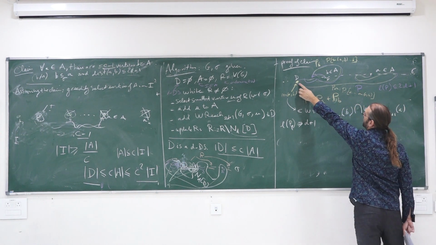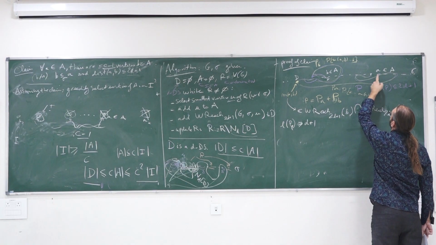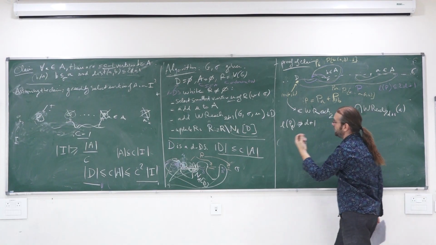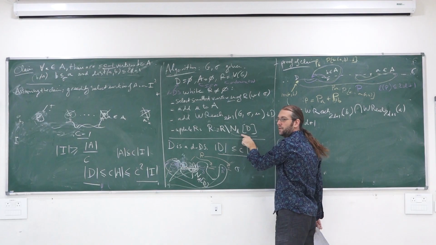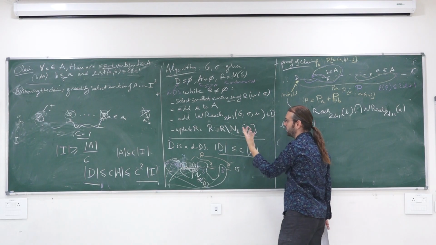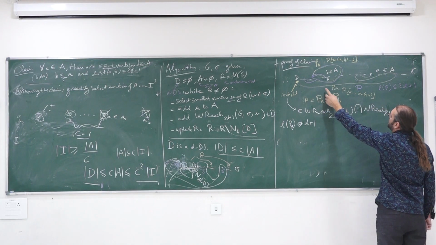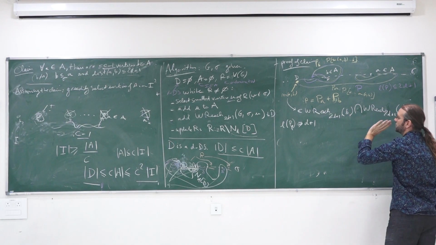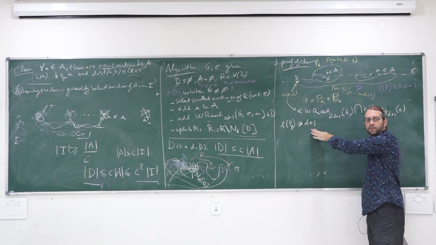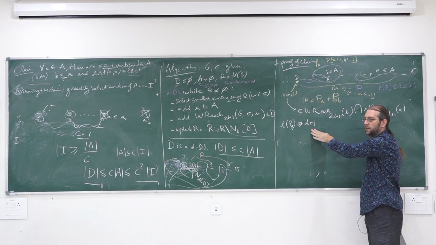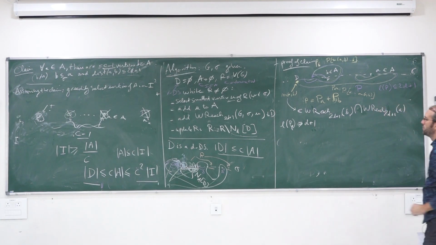So that means this path cannot be at most D. If it was at most D, he would have been in the set of dominated vertices, and I would have removed him from R. So that indeed implies that this path is not at most D, so it's at least D plus 1. Okay? Just by observing what happens in the algorithm.